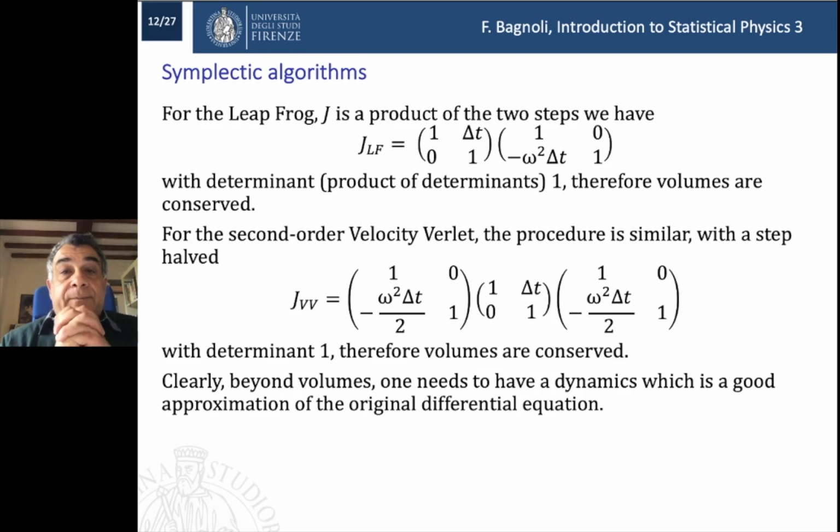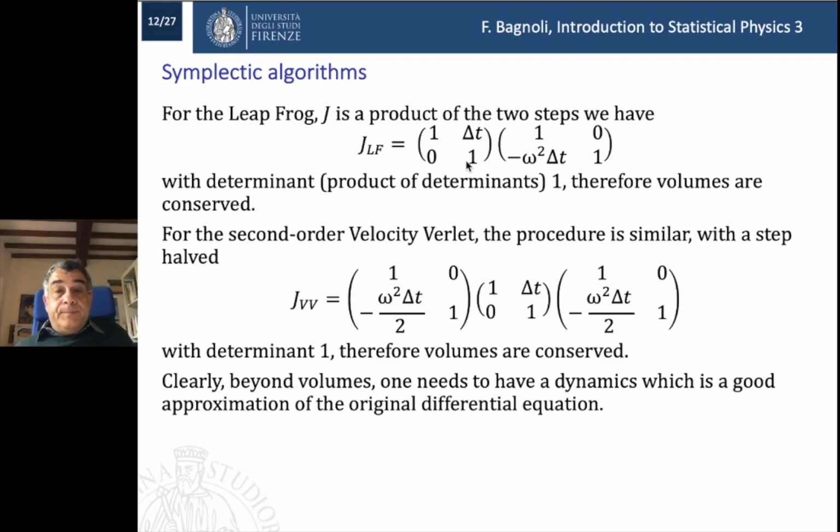On the contrary, for leapfrog, I separately increase v and x. So the Jacobian of one full time step is the product of the Jacobians for the two half steps. One in which I increase x, so I have v delta t here, and another one in which I separately increase v, so I have the minus omega squared delta t here.